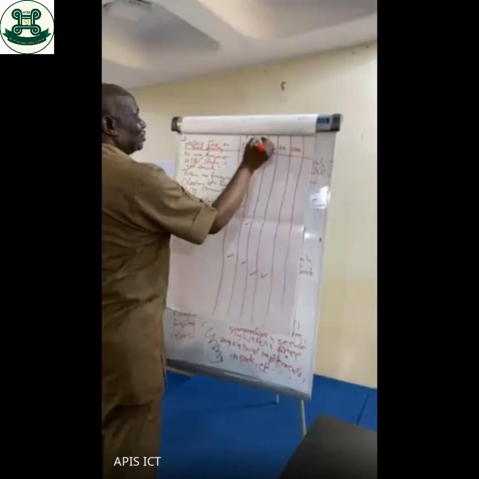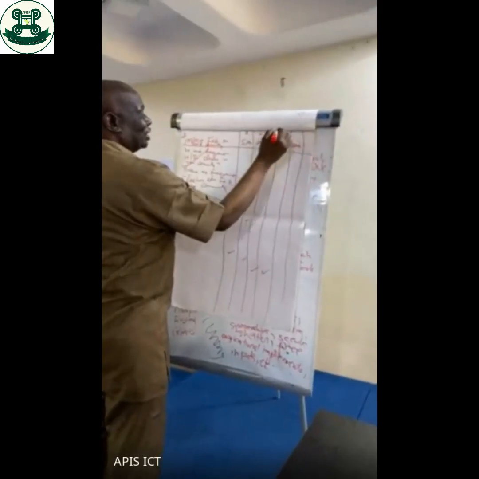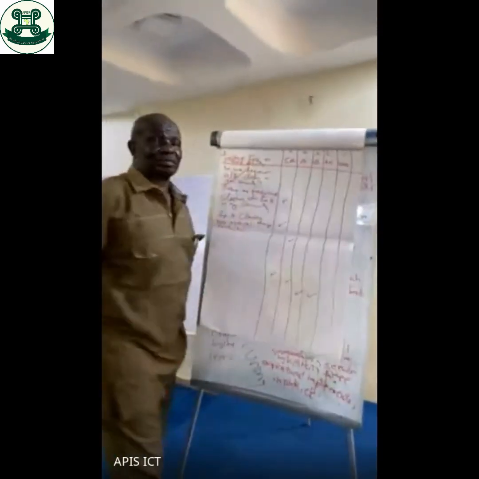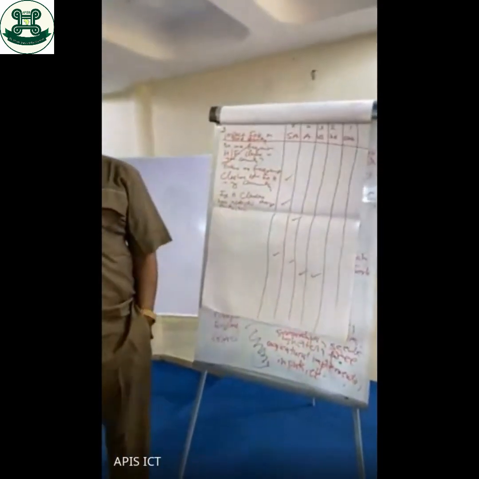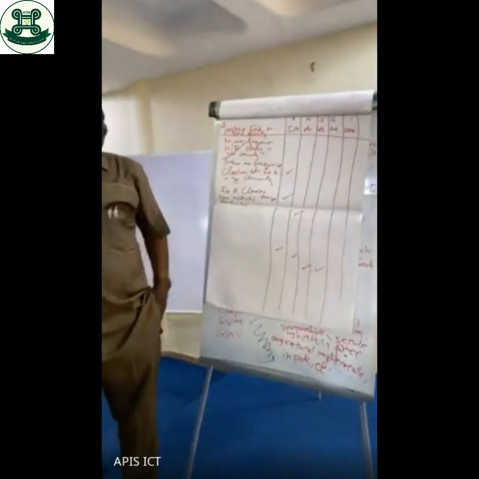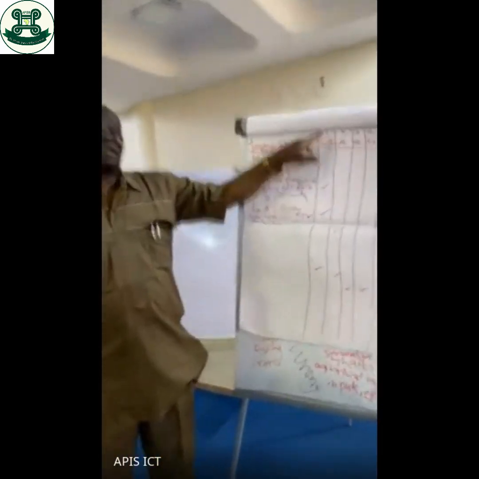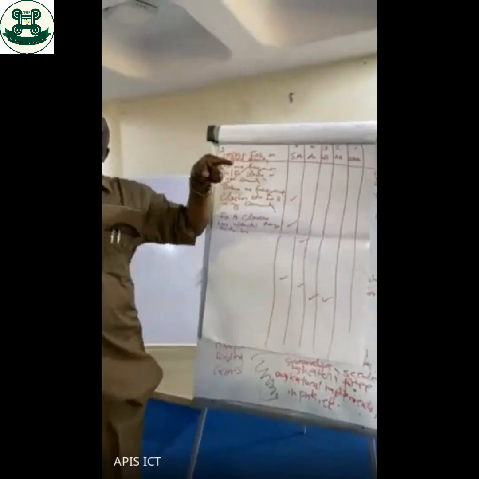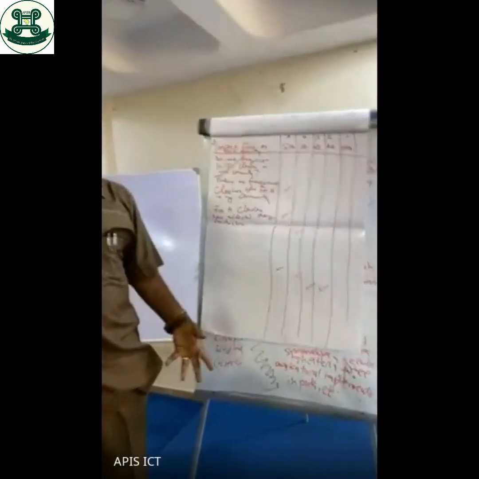Assign 5, 4, 3, 2, 1. So the person who put SA, strongly agree, gets 5 points. At the end of the day, those figures will come on the computer and get the mean.